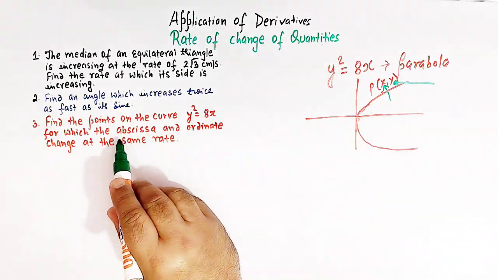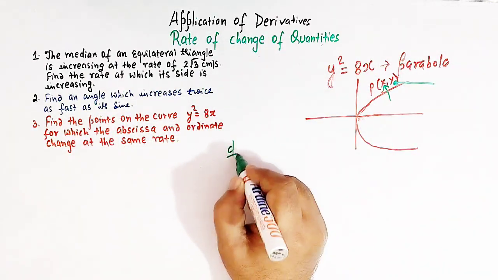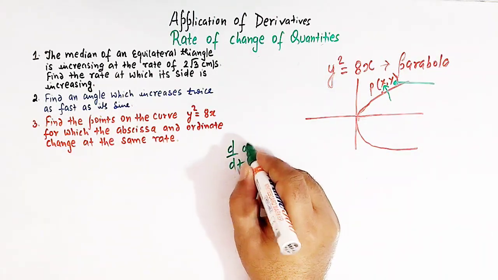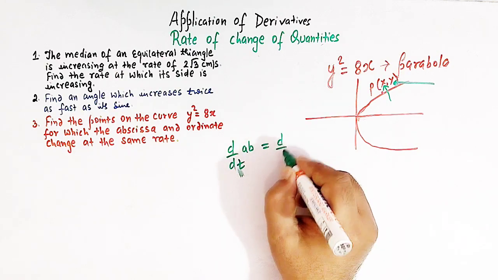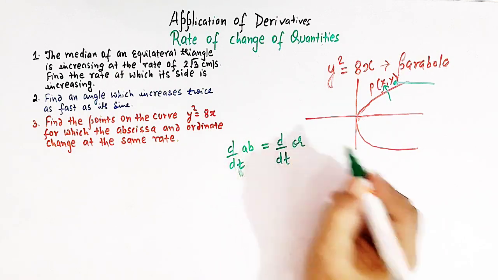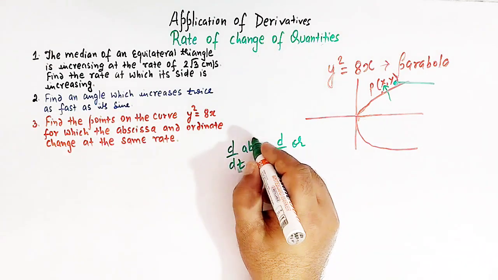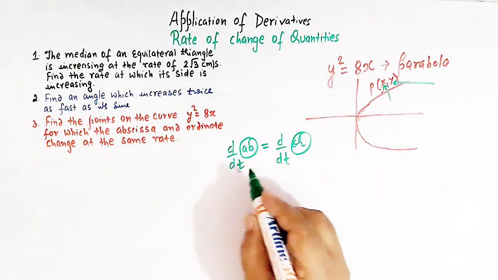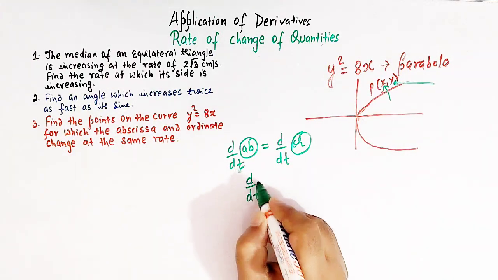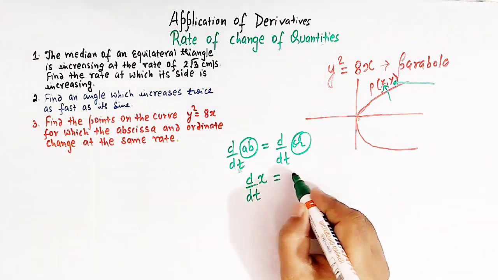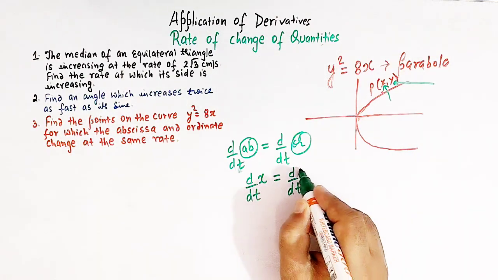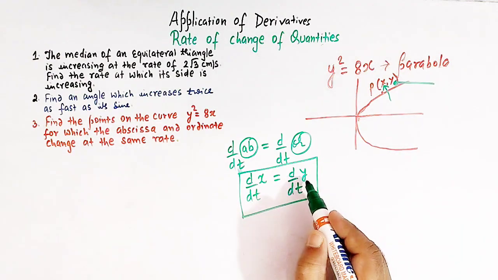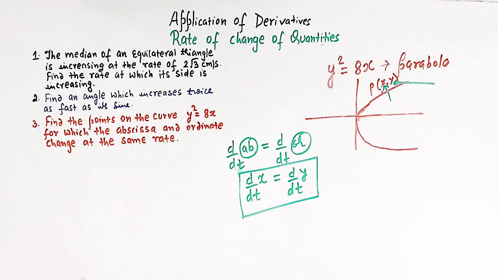So we are given that the rate of change of abscissa is equal to the rate of change of ordinate, and abscissa can be replaced by x and ordinate by y. So d by dt of x equals d by dt of y. The x coordinate and the y coordinate change at the same rate.